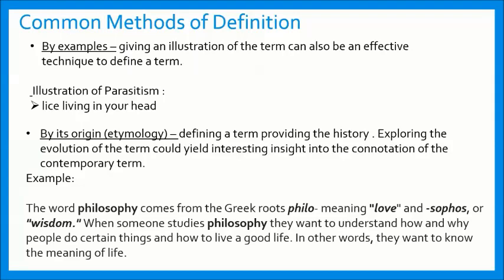So if you want to try it, you can use other forms of dictionaries to look for etymology. One good thing that an etymology can serve you is that sometimes the context can be found from the root word, whatever the root word is, if it's Greek or Latin or Roman.